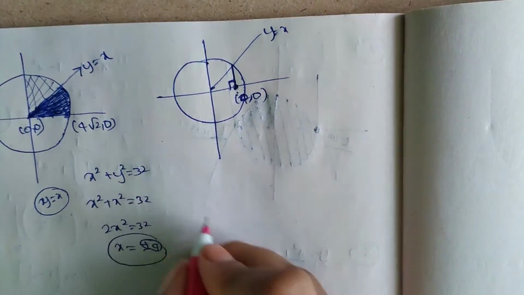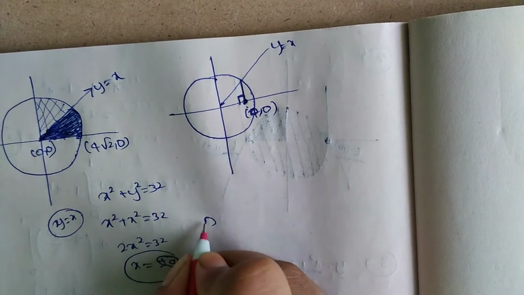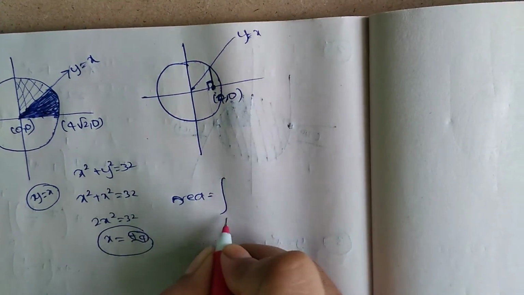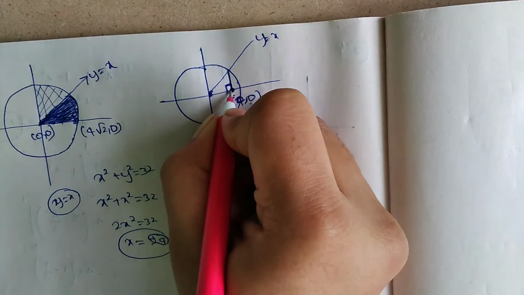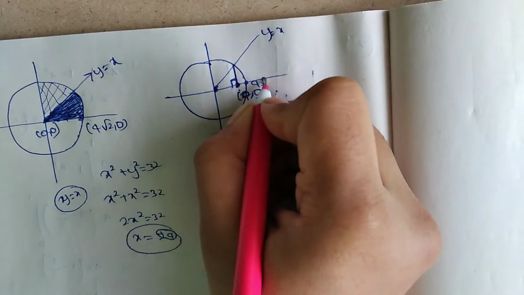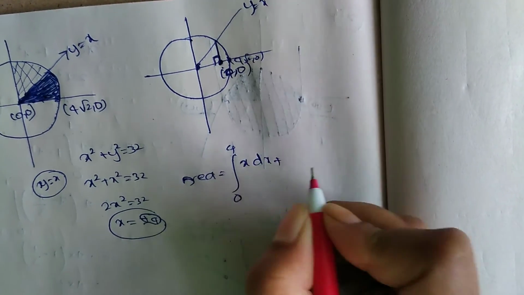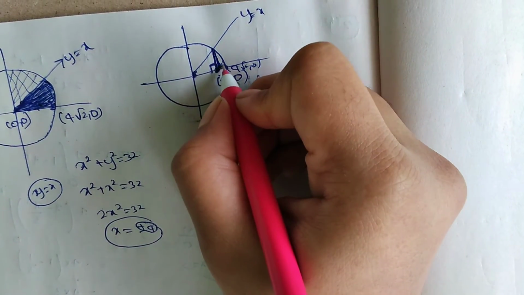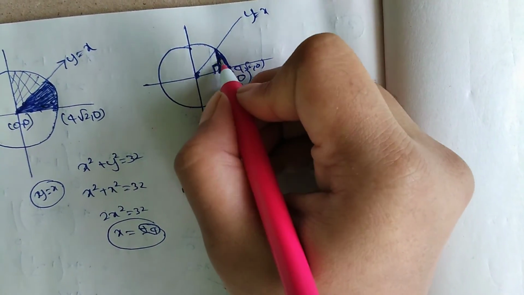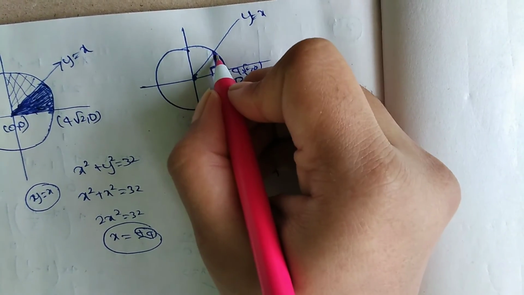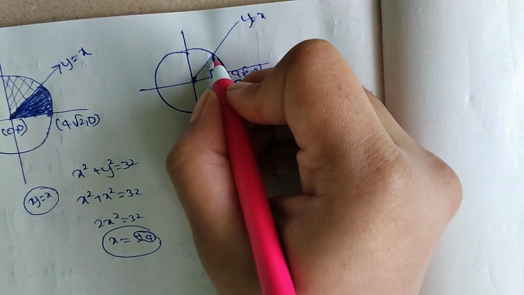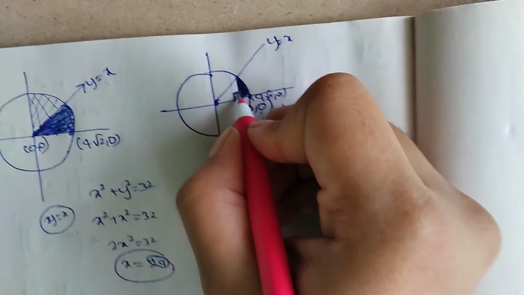Now, what will be the area here? Area is equal to integral 0 to 4 x dx plus, now this shaded part we want. It is a curve. Yes, it is the circle. It is part of the circle.